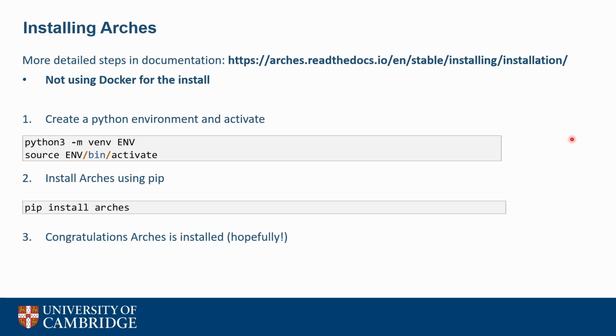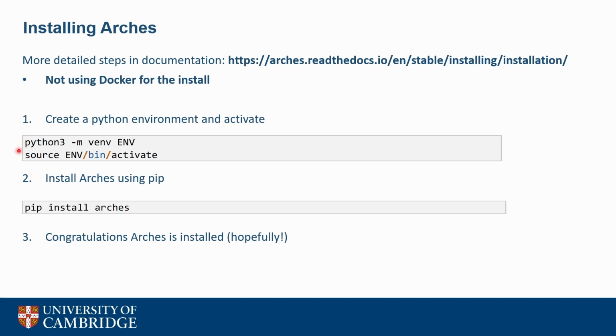So firstly, now that Python 3.11 plus is installed, you have to create a virtual environment. A Python virtual environment essentially is an isolated workspace that lets Arches use its own Python tools and libraries without interfering with the rest of the system. Once this is created, you have to activate it, and then you'll be inside the environment.